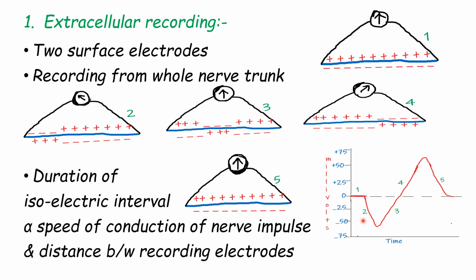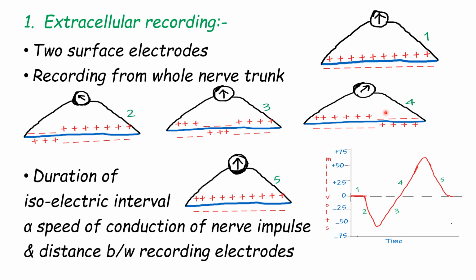It's a negative record, and after some time, as this potential is transmitted to the center of the nerve, both the electrodes do not record any deflection. Here we get an isoelectric line. So the membrane potential comes back to normal, and then this alteration in potential reaches the second electrode.